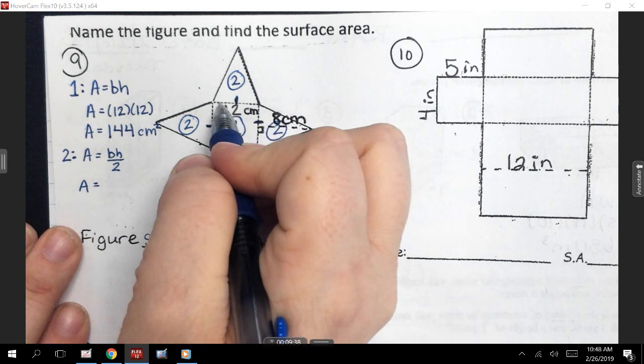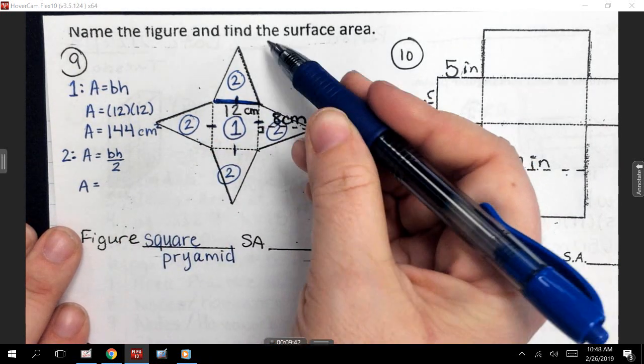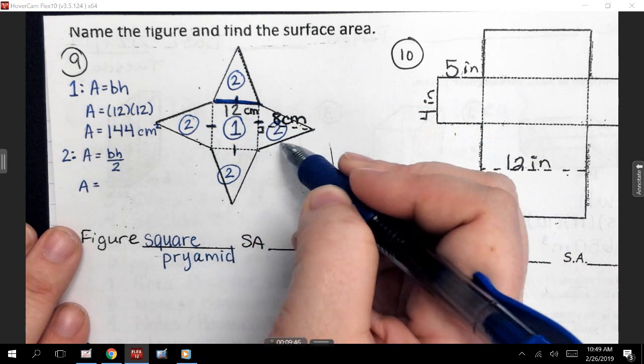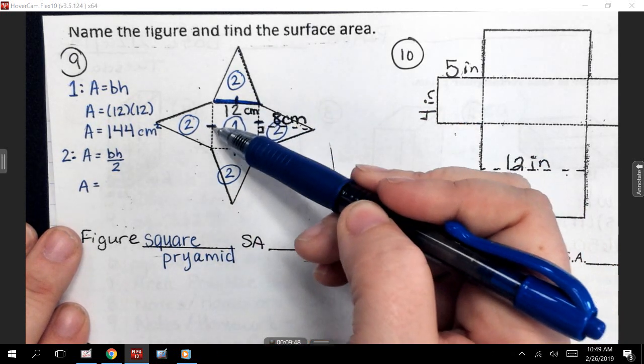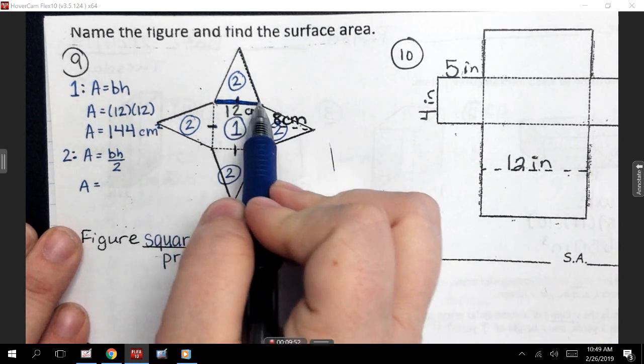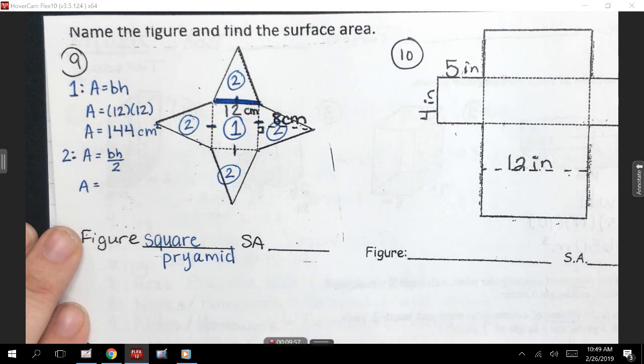Thank you, Chris, that's what I was looking for. That 12, do y'all see how that's on my top triangle? Now that 12, is it really on all of the triangles? Yeah. Remember the 12 goes here, it goes here, and it goes here. All right, but the one that shows me it is the top triangle. Is it okay that I'm getting stuff off of different triangles? Yeah, because they're all the same. Y'all okay with that, right?